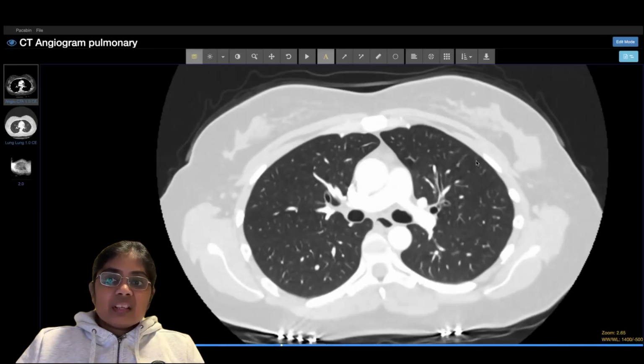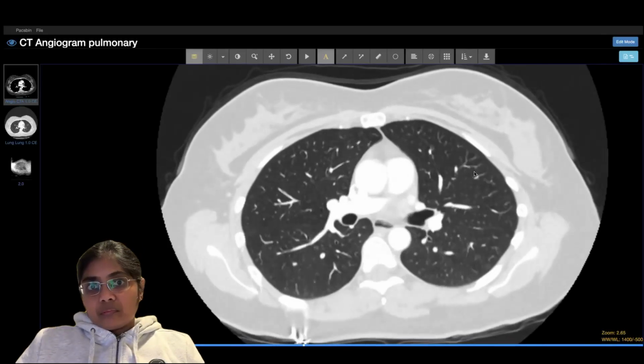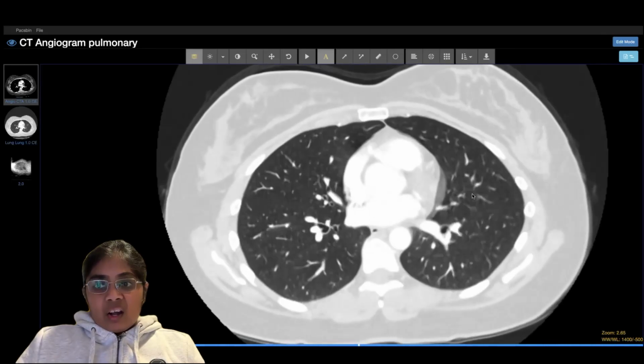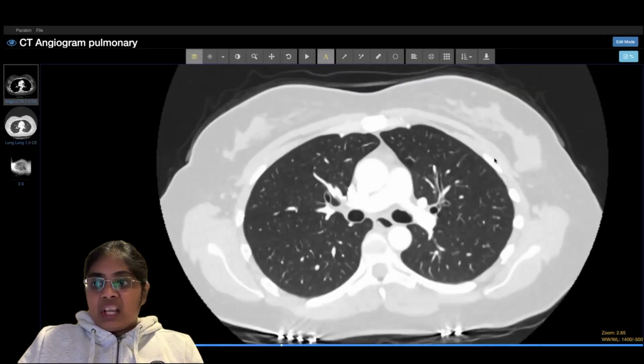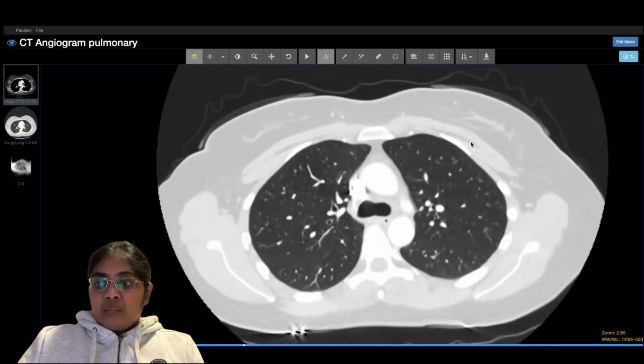Starting on the right, I look at the upper lobe, the middle lobe, and the lower lobe of the right lung, and then move on to the left lung, looking at the upper and lower lobe.